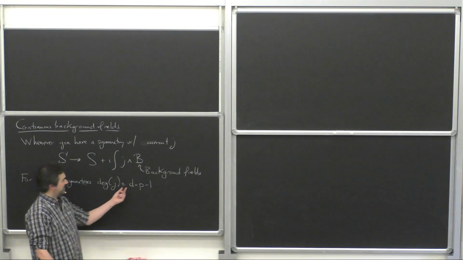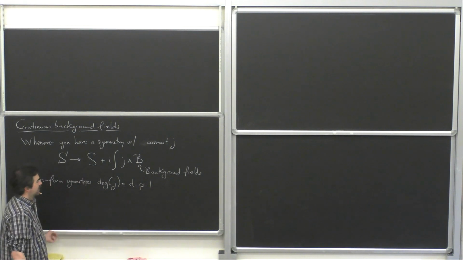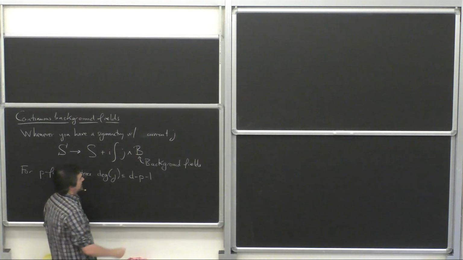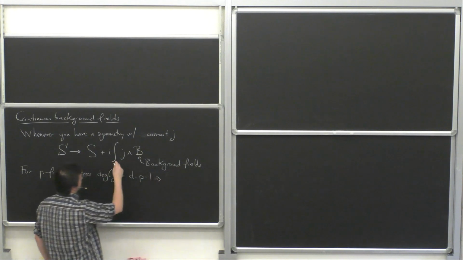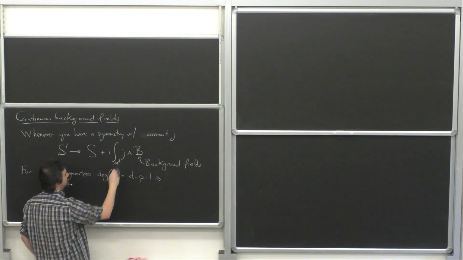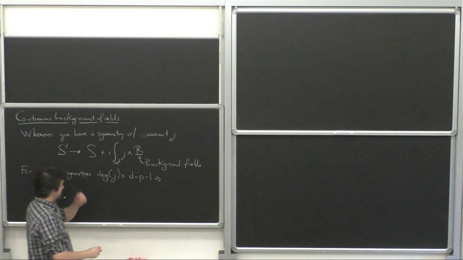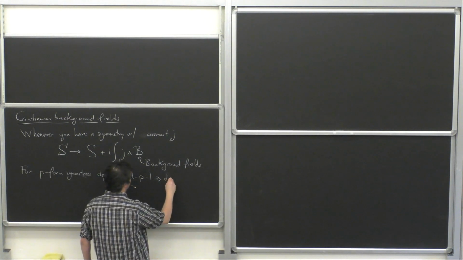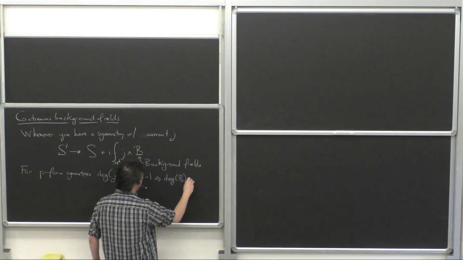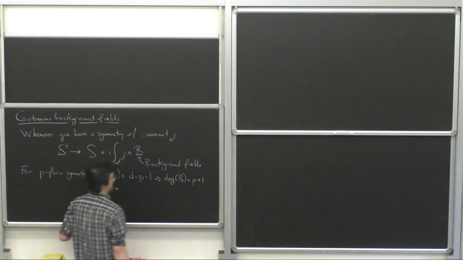Now, this was the thing that linked in d dimensions a p-dimensional object. So total dimension of the two things combined is d minus 1. And this implies, for this formula to make sense, if we are in d dimensions, that the degree of B is p plus 1.